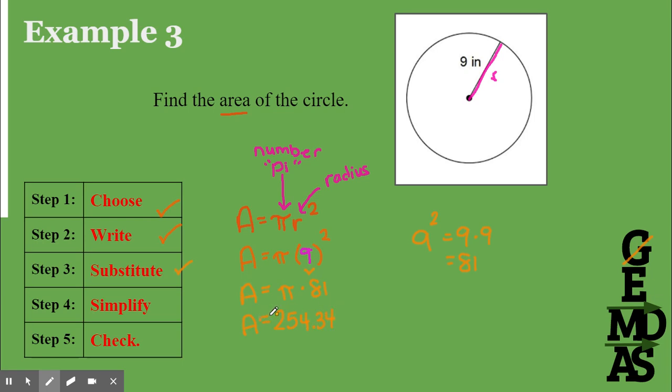And actually, these should be squiggly equal signs because it's approximately this many inches squared. Now, a lot of the time in math, we actually like to leave it as a perfect, like very exact number. So you could also say that the area is 81 pi, and that would be a great answer too.